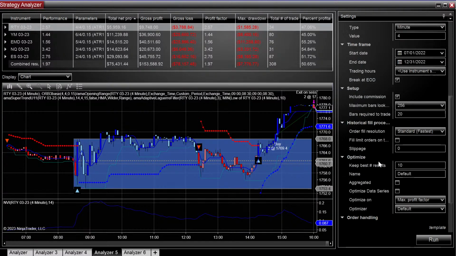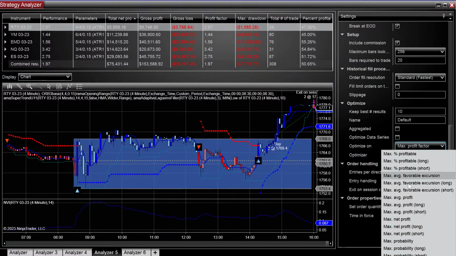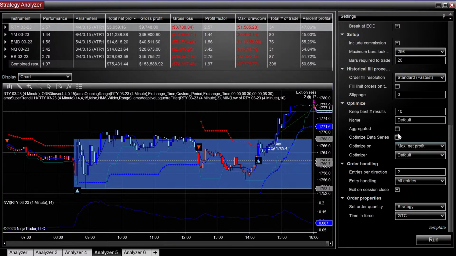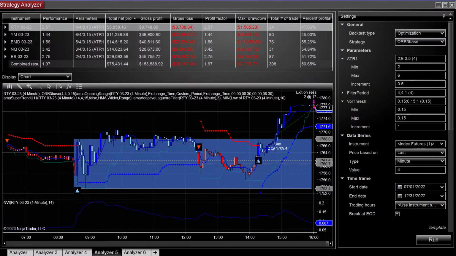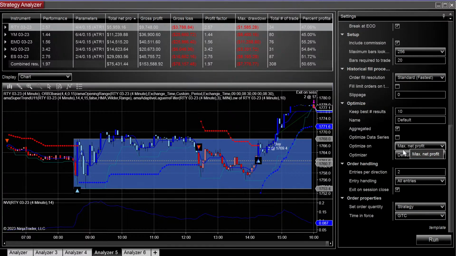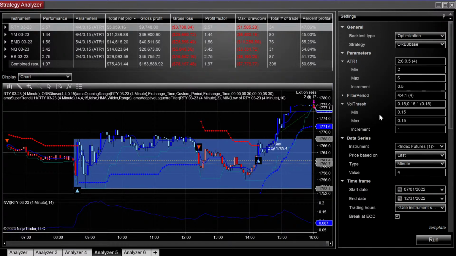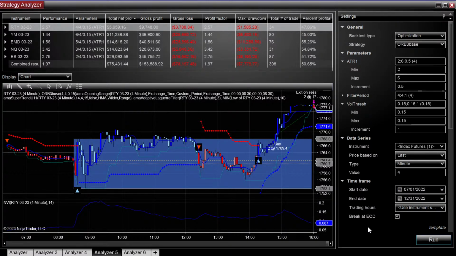So yeah, we don't want the best results from each one. We want the most robust. And like I was telling y'all last night, maybe once we get to the deployment, we might adjust things slightly. So now we're on aggregate, maximum net profits. And let's run this again.